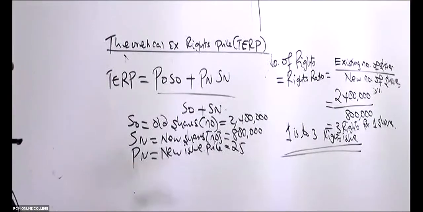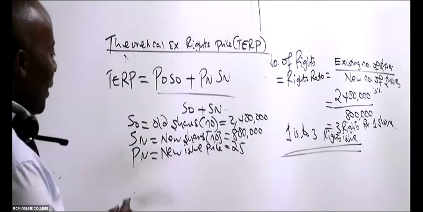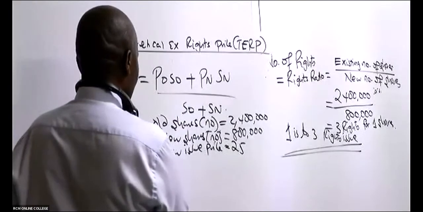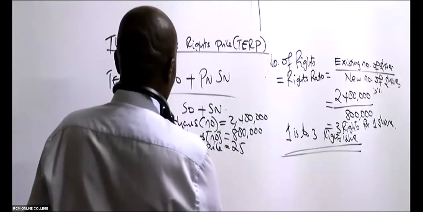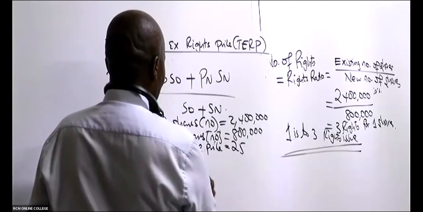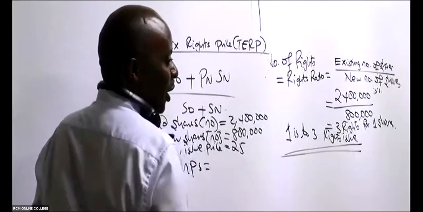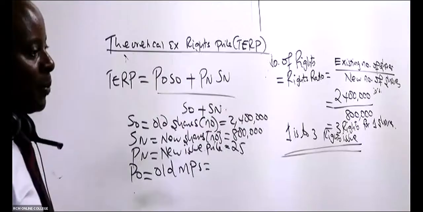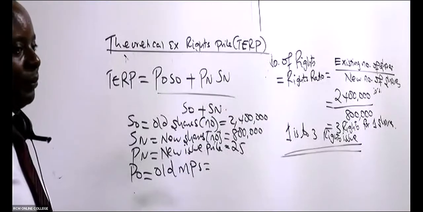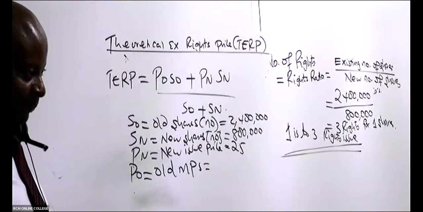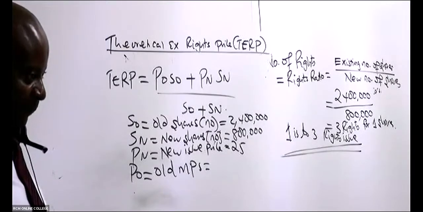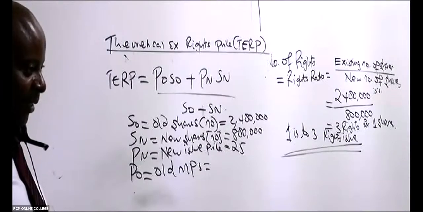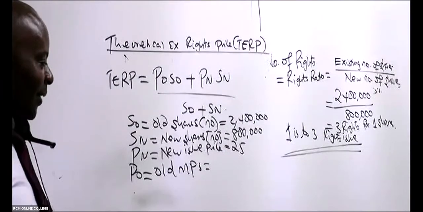The new issue price. So in this case, PO stands for the old market price per share. The old market price per share.